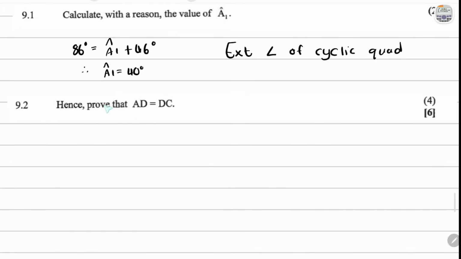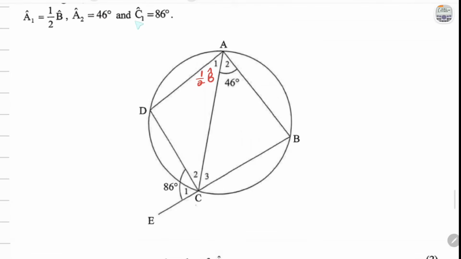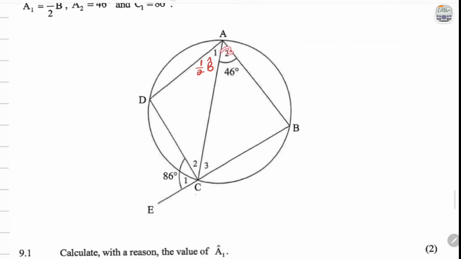The next question, 9.2, says, hence prove that AD is equal to DC. Let's see what they're speaking about. They want us to prove that AD is equal to DC. That doesn't seem like a bad thing to work with, because here's the thing about proving these two sides are equal. Do you see that these two sides are included in a triangle?